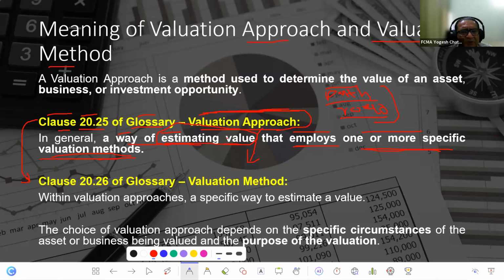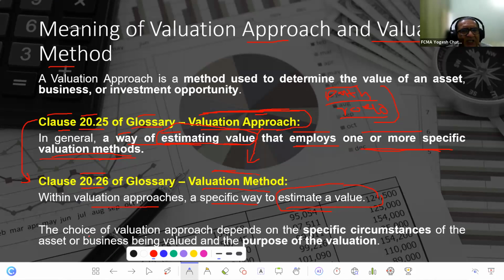Under valuation approach, we have valuation method. The meaning is provided under clause 20.26, valuation method. Within a valuation approach, that is a specific way to estimate a value. I gave you the example of various methods of surgery depending upon the choice of the patient. So that is the brief meaning of valuation approach and valuation method.